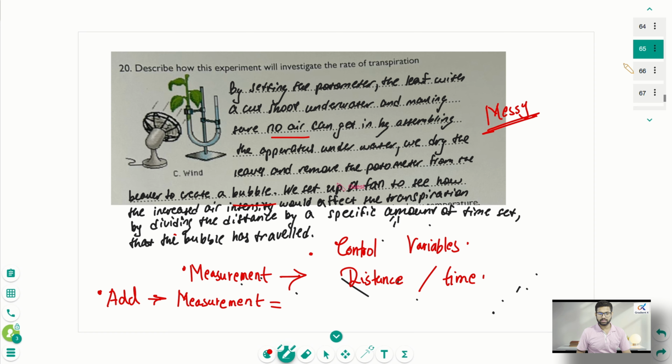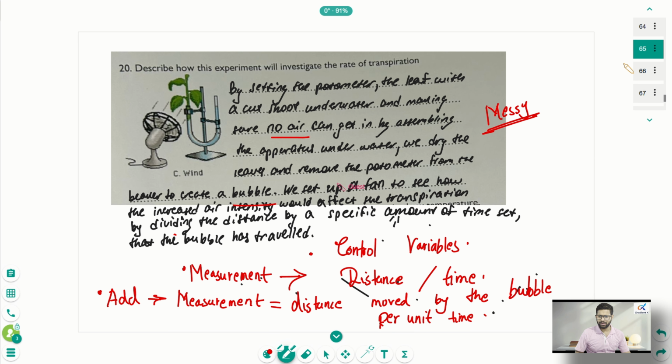So distance moved by the bubble, rather than dividing, you can say per unit time. Got it?